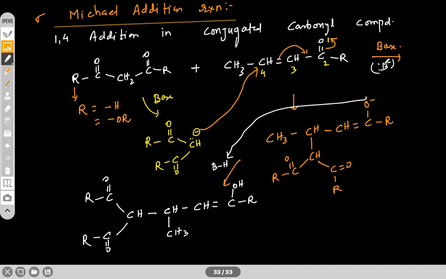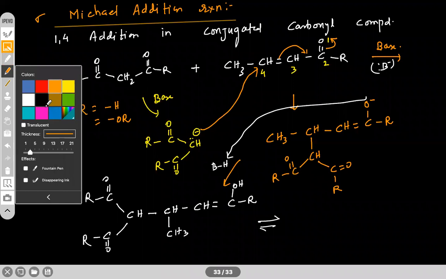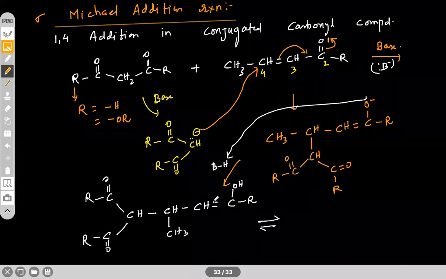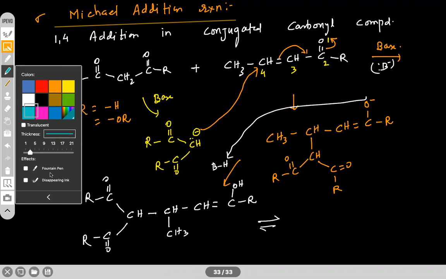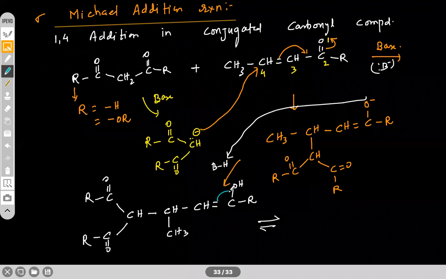Correct. Now, in this, we'll write down the tautomer of it. This pi shifts over here. H comes onto this carbon atom.